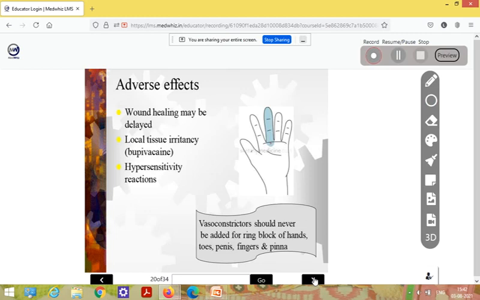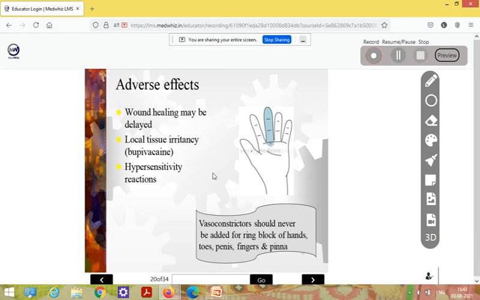Coming to the third question, why should the combination not be used in the condition wherein the person had an injury on the fingertip? You've all heard about end arteries, isn't it? In anatomy class, you've heard about the end arteries.